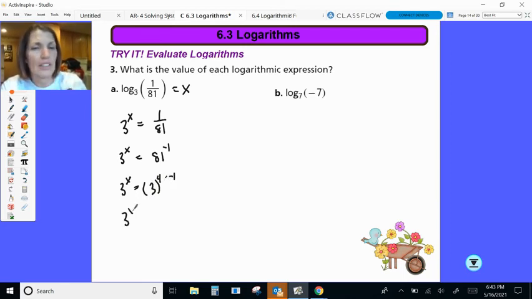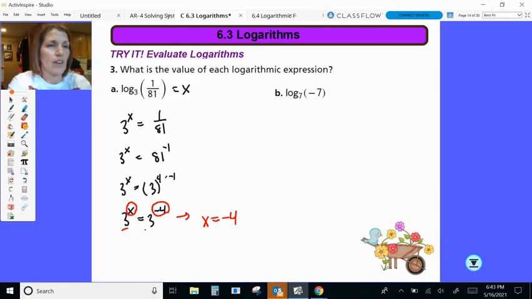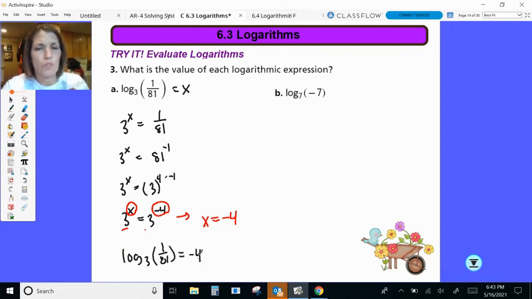So 3 to the x equals 3 to the negative 4. Now we have our power, x equals negative 4, because we have the same bases. So we know that log base 3 of 1 over 81 equals negative 4.